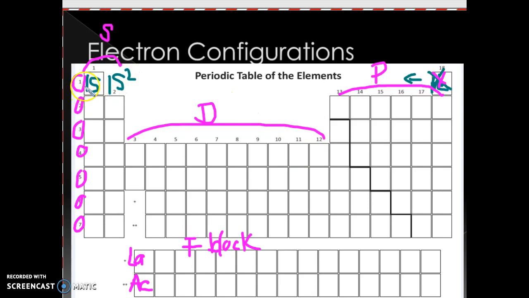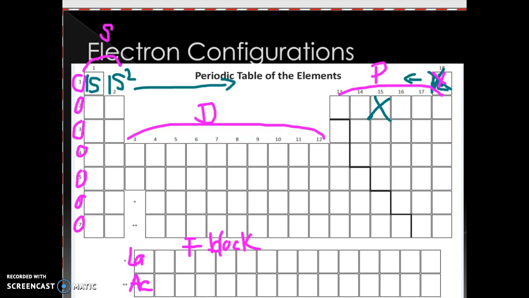Now, the periodic table, you read it as a book. As you're reading it, you go across from left to right, like this. And if you read it as a book, you'll never go wrong when it comes to filling up the electrons. So let's say we're doing an element way over here.